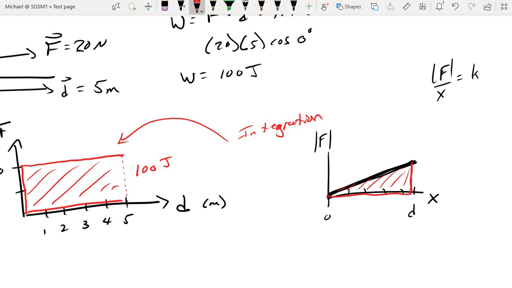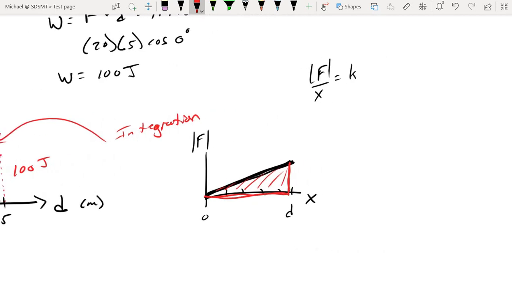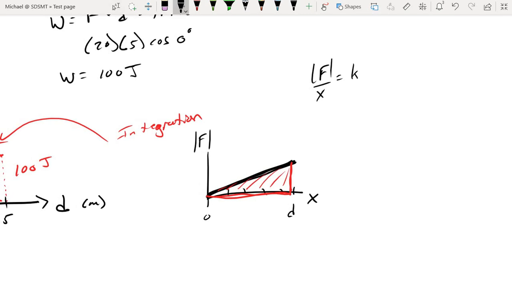Well, that's a triangle. And back in geometry, we learned that the area of a triangle is 1/2 the base times the height. So what's the base? Well, the base is the displacement.